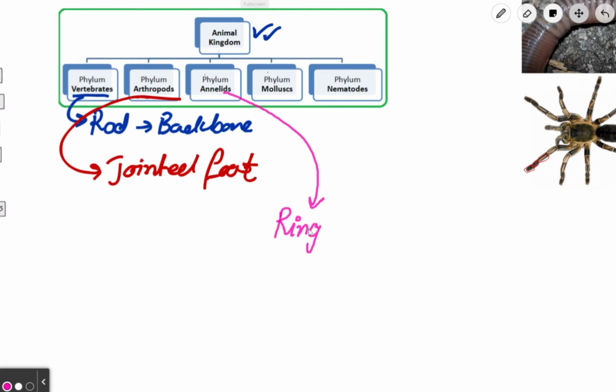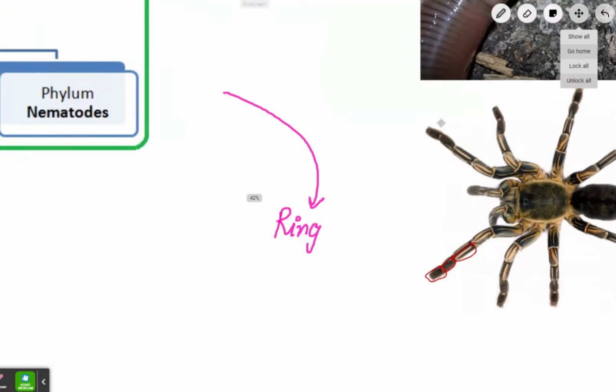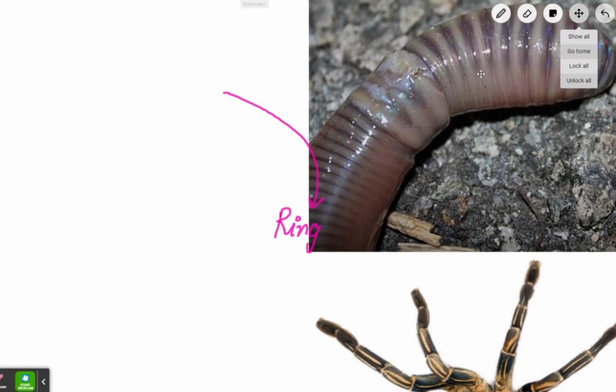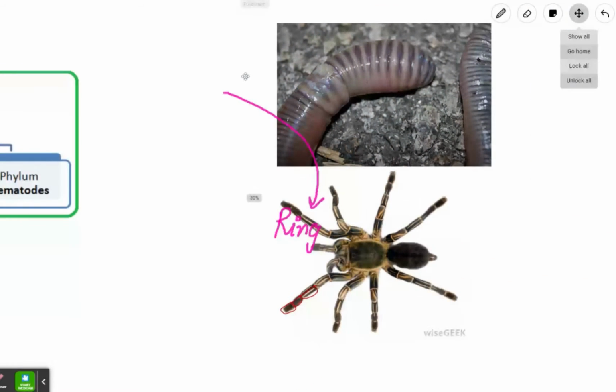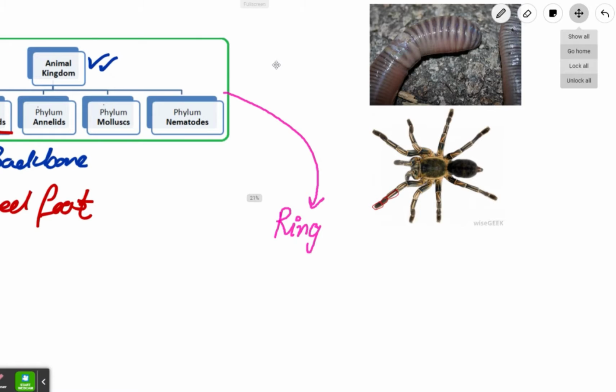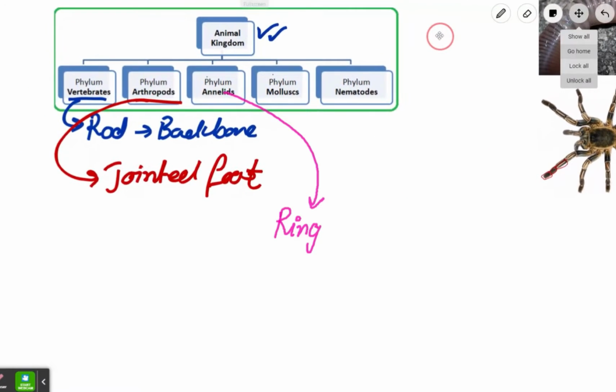Now in this phylum, the organisms will have a ring-like structure. To give you a deeper view, can you see the ring-like structures in ringworm? So these are phylum annelid.